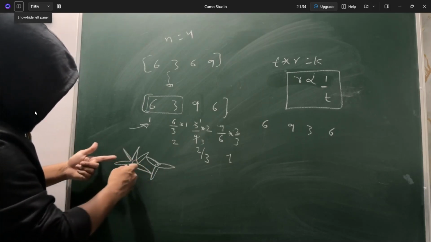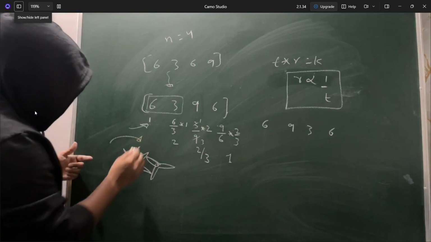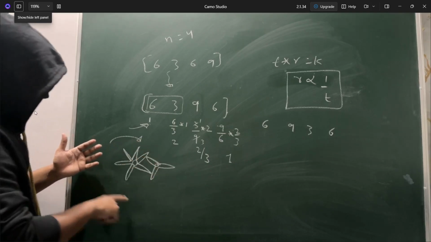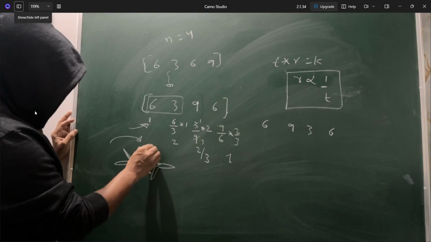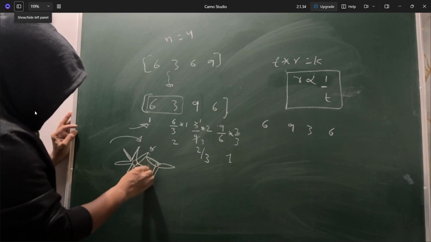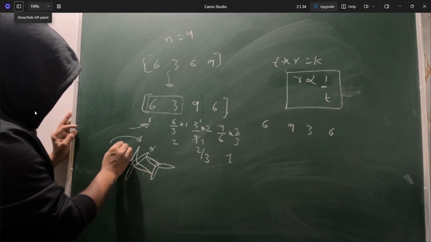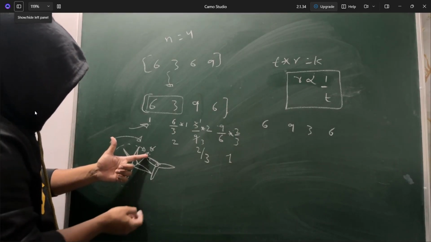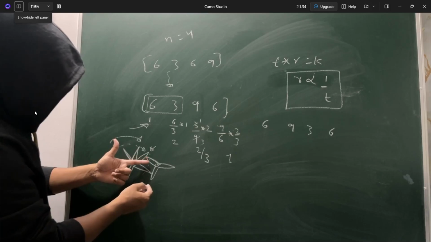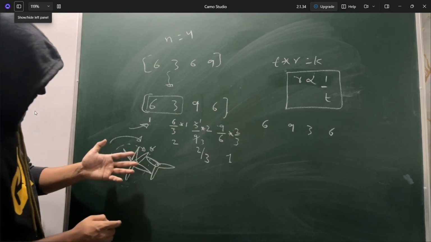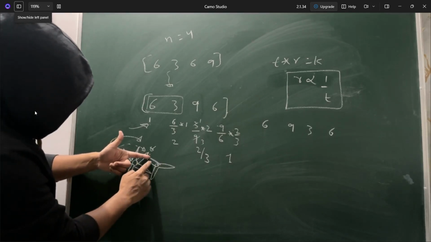When it is rotating, if this tooth rotates one time completely, let's say this is a tooth for this gear, and it goes in the clockwise direction and comes here, which means this tooth will be crossing 6 teeth of this, right? I think you're getting it. So it will be connected to this one.